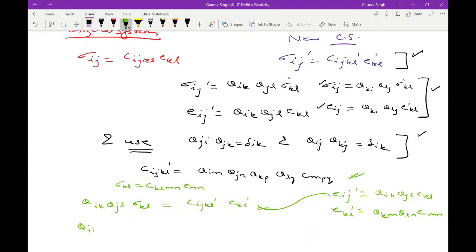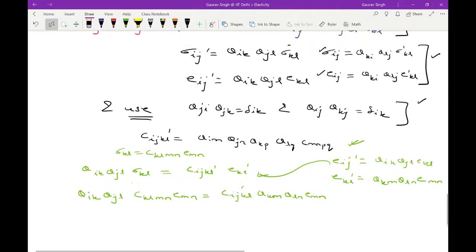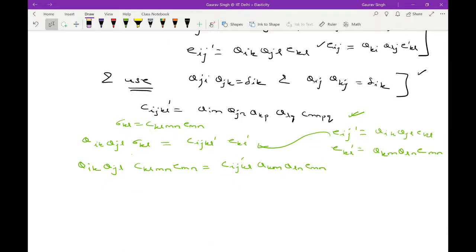So Qik Qjl Cklmn Emn is equal to Cijkl dash Qkm Qln Emn. So at least Emn is common.